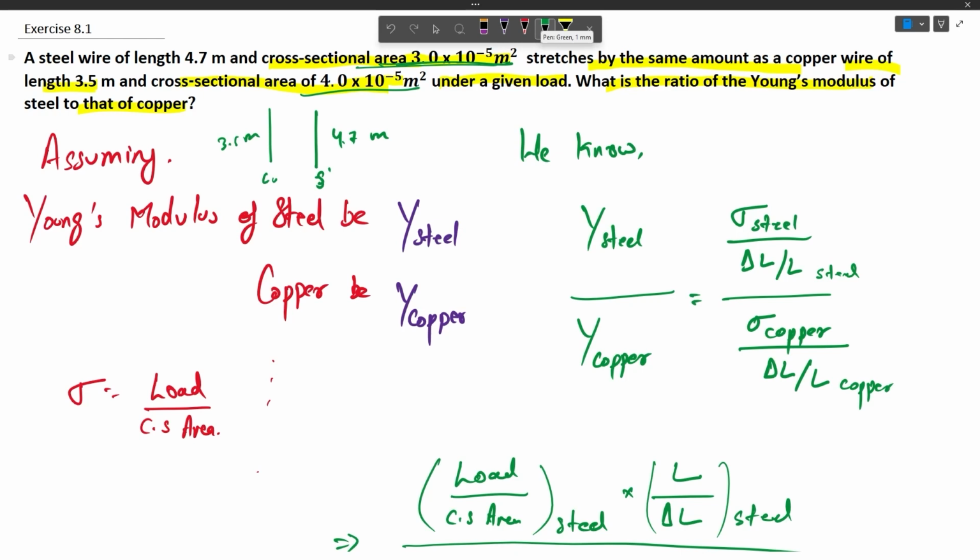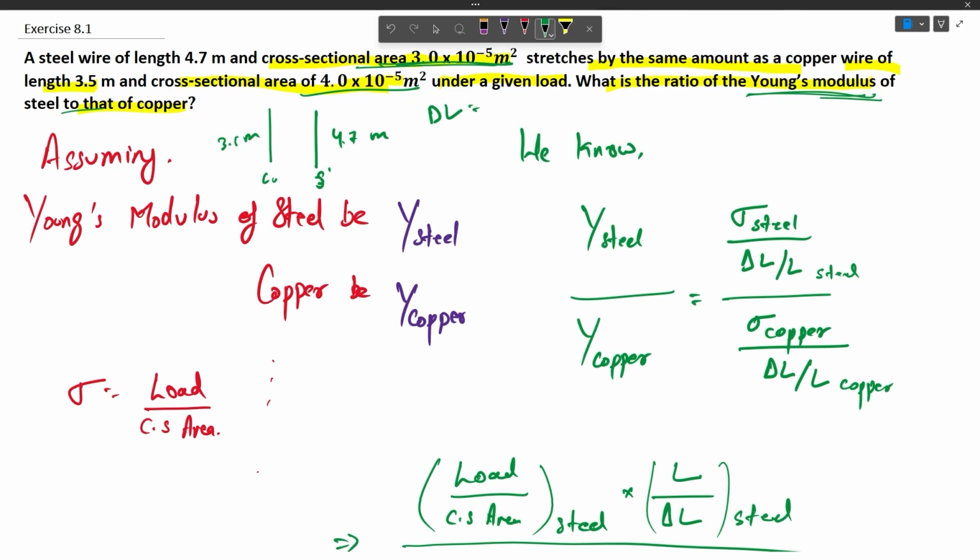Now under a given load they both undergo the same amount of deformation, that is delta L, or the change in length is same in both the cases. Now we have to find out the ratio of Young's modulus of the steel. So we know that Young's modulus is the ratio of the stress to that of the strain.